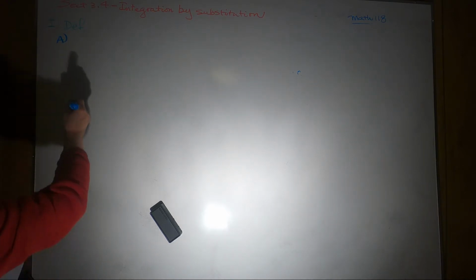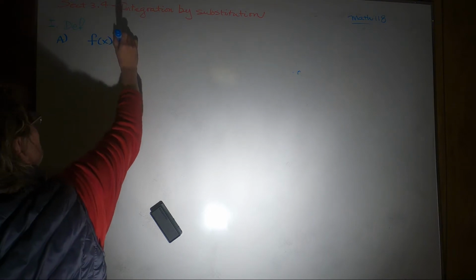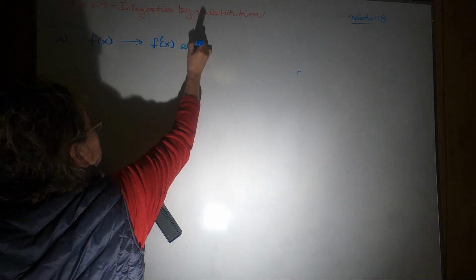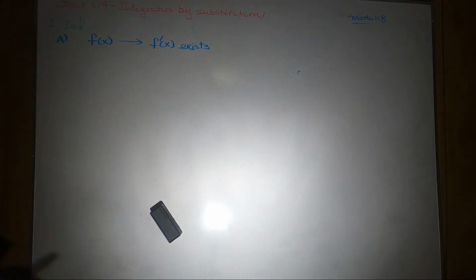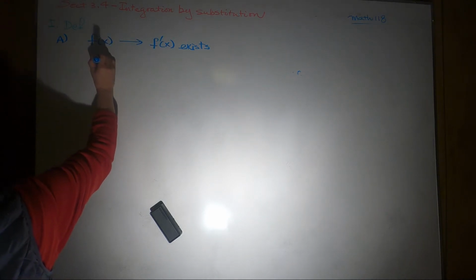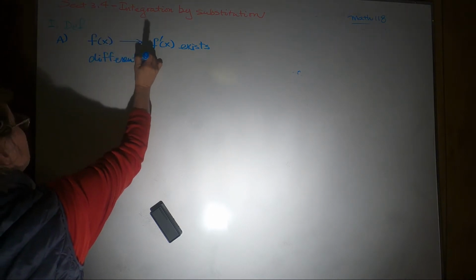If f of x, your function, is differentiable, it means we can take its derivative. And when we do this, we have something called the differential of f.